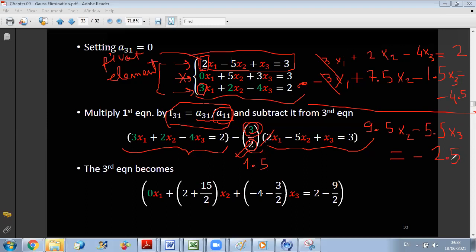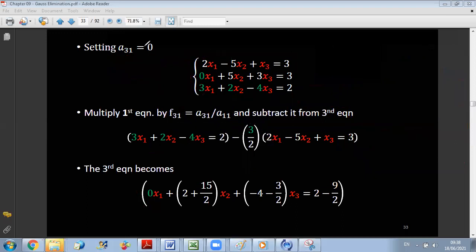Okay, so we can deduce then the third equation is this one. So now I can replace the third equation by this equation اللي حيكون عندها coefficient of x1 0 as desired. Okay, so now my system is as follows.